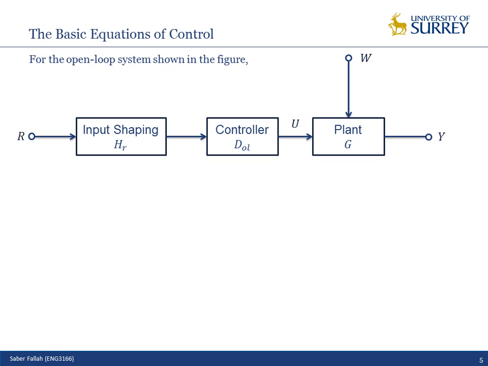But the point is that the input to the controller is usually voltage. We have the electrical system. We need a device to convert our reference input to voltage. This can be done by input shaping. So input shaping converts the dimension of the input to voltage.